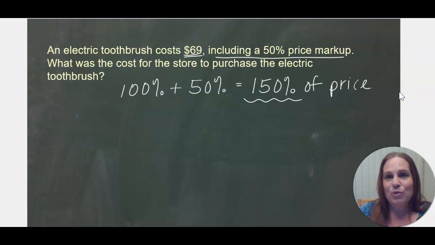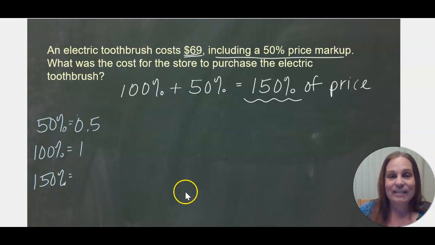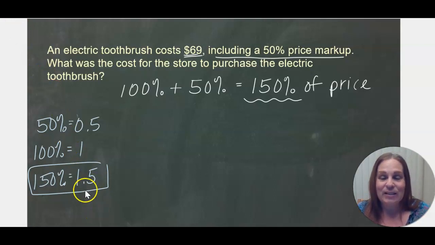Now this may be a little tricky because it's over 100%, but think about it. 50% is 0.5, right? 100% is 1. So 150% is going to be 1.5.